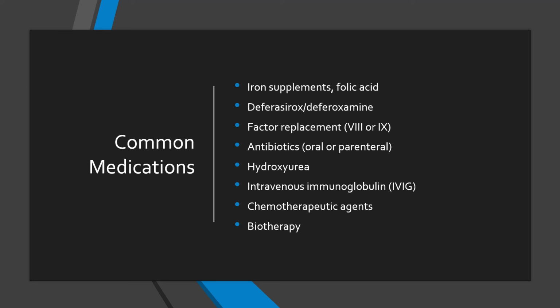Factor replacement replaces those clotting factors for hemophilia. Antibiotics help kill bacteria. Hydroxyurea stimulates hemoglobin F in sickle cell anemia. IVIG is for idiopathic thrombocytopenia. We'll see chemo and we'll see biotherapy.